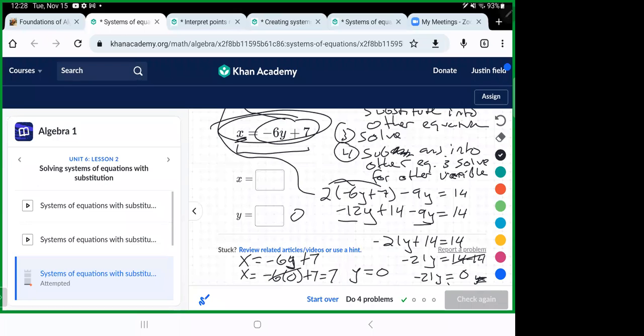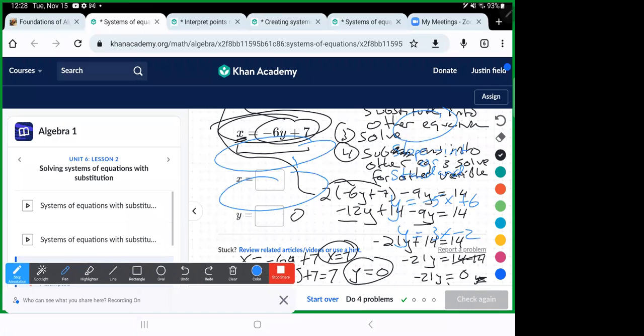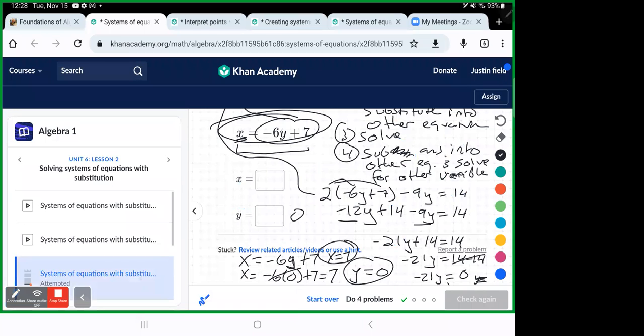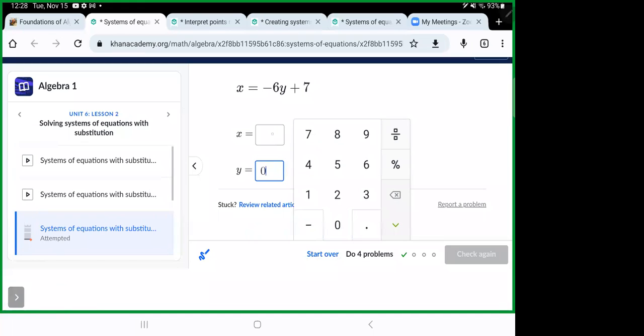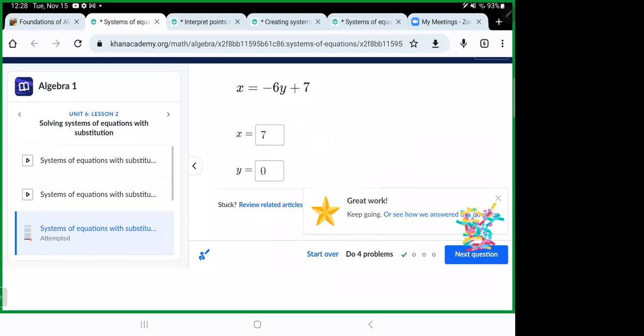So now we know that x equals 7. All right, so it's a lot of work, but in the end, not too bad. So y is 0, x is 7, and there we go.